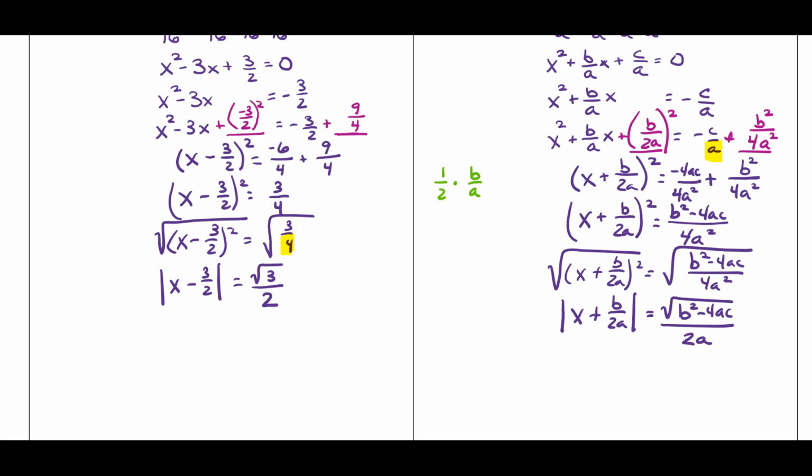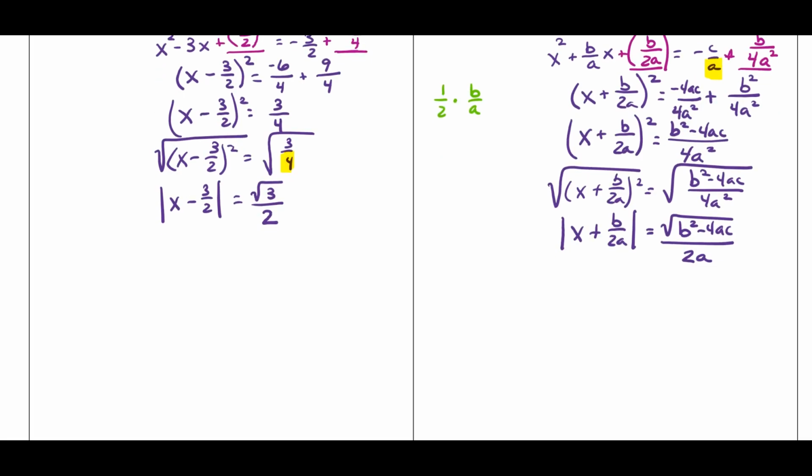Okay, so now we have to break it out of the absolute value. So on the left problem, we're going to have x minus 3 halves equals plus or minus the square root of 3 over 2. Well, same concept over here. X plus b over 2a equals plus or minus the square root of b squared minus 4ac all over 2a.